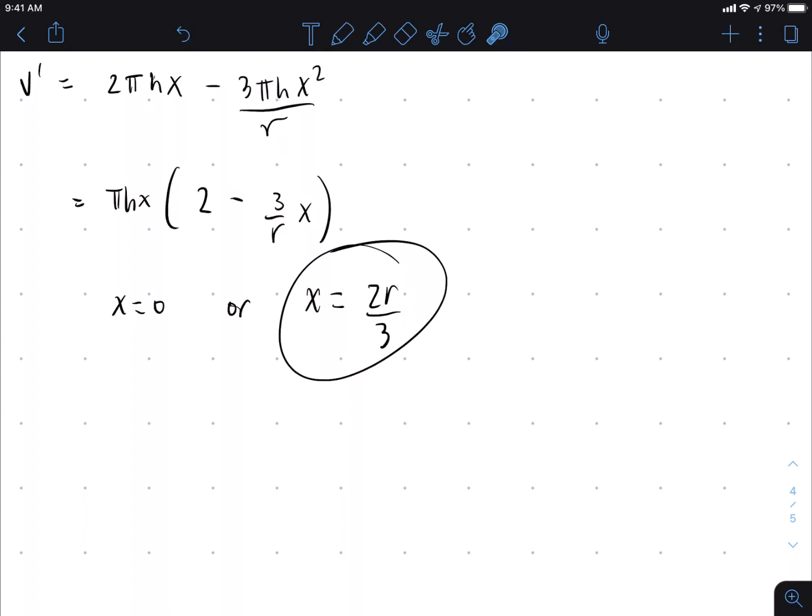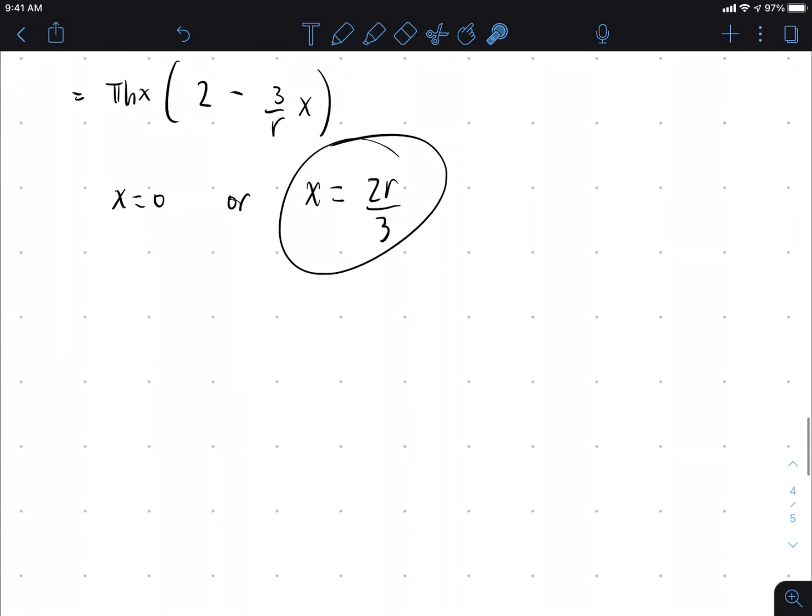Number 6 on the same section. Okay. The classic copper wire. It says a 30 meter long wire is cut into 2 pieces.